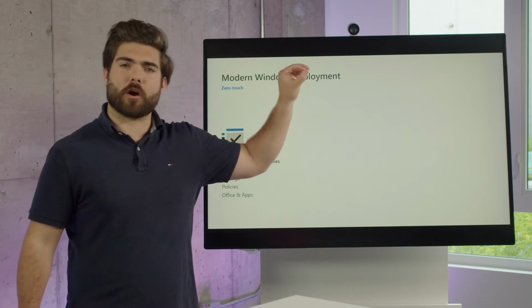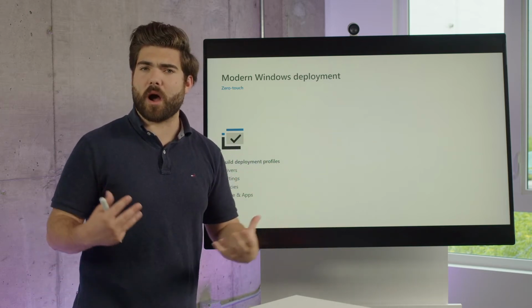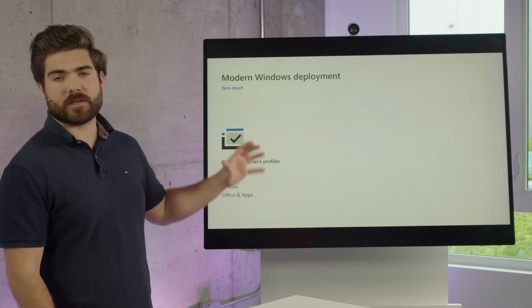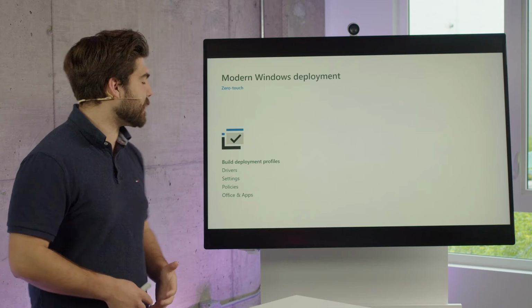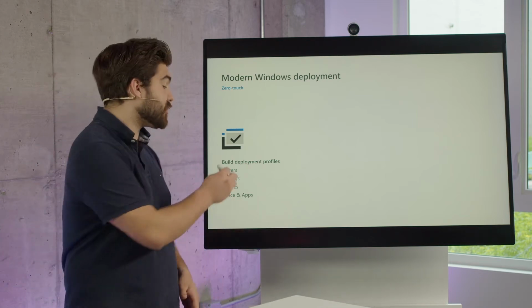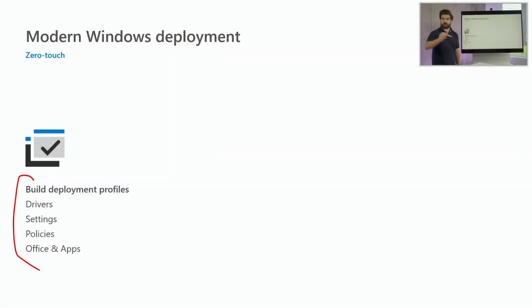So when it comes to our modern Windows deployment through Autopilot, this is our zero-touch deployment. It looks a little something like this. It's very similar, starting off with building a deployment profile, very similar to those custom images, with all the driver settings, policies, and applications that the individual or the role might need.